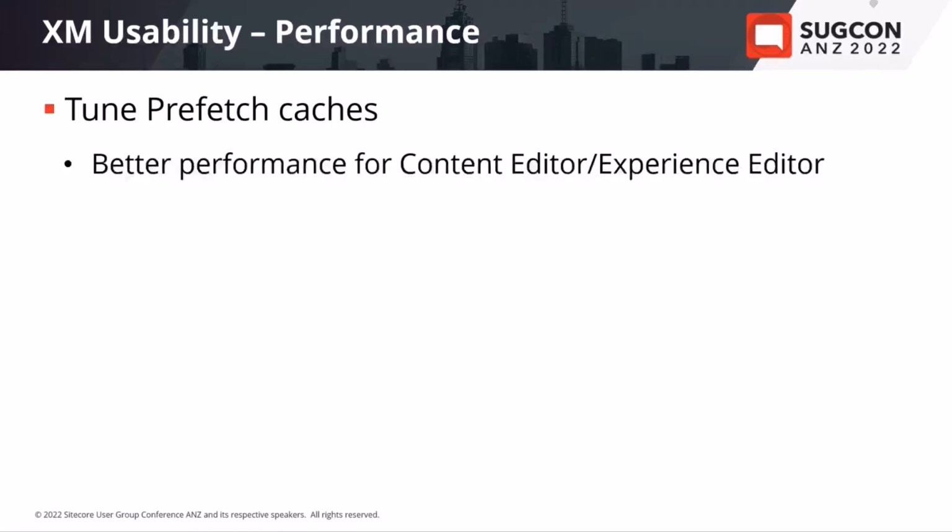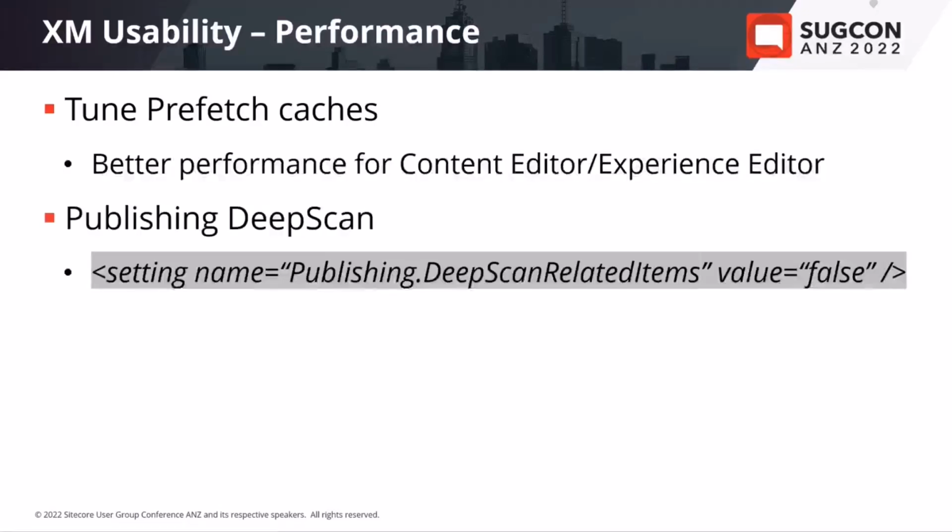So there becomes this juggle of, do we want our startup times to be quicker, versus, when I click on an item for the first time, is it ready for me in the prefetch cache that has already loaded it in? Tuning that to common items that you might use can help improve the performance of the content editor or experience editor.